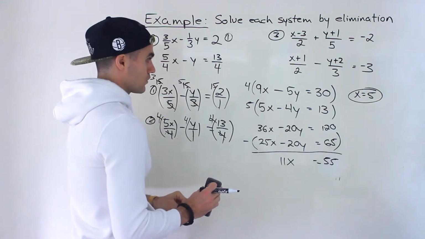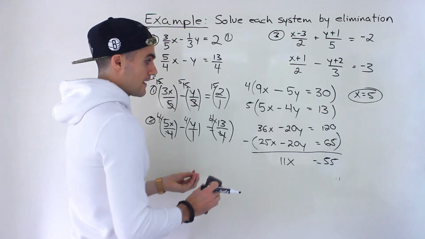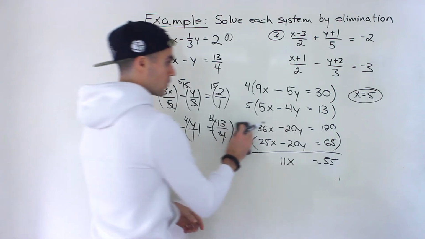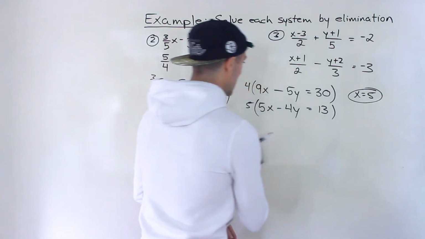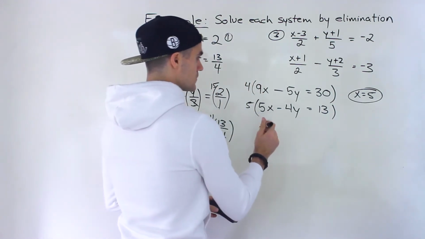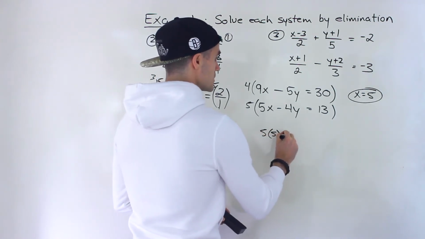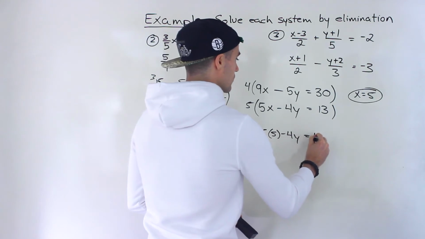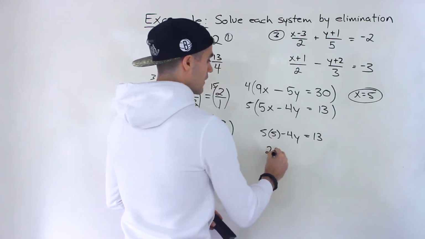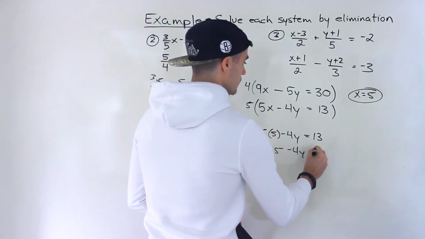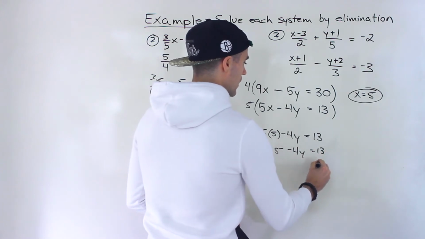Now to solve for the corresponding y value, you could plug it into any of these equations. I'm going to plug it into this one, so we'll have 5 times 5 minus 4y is equal to 13. 25 minus 4y is equal to 13. Let's bring the negative 4y over.